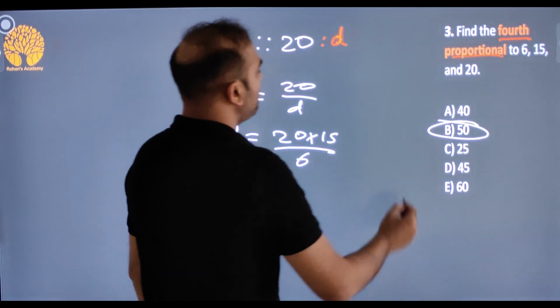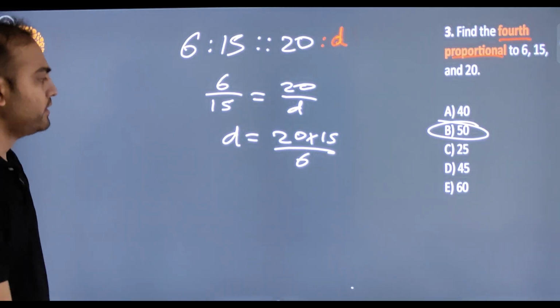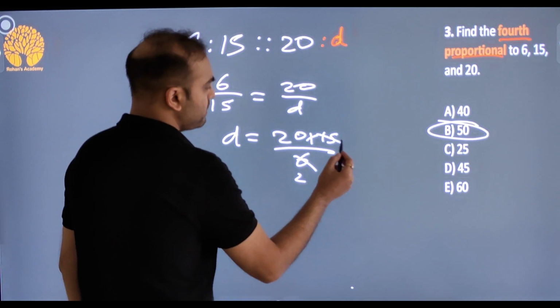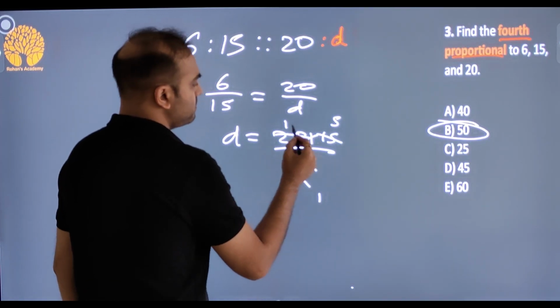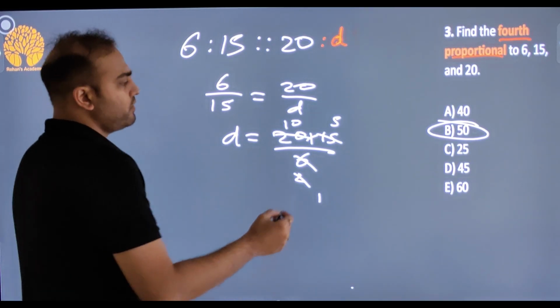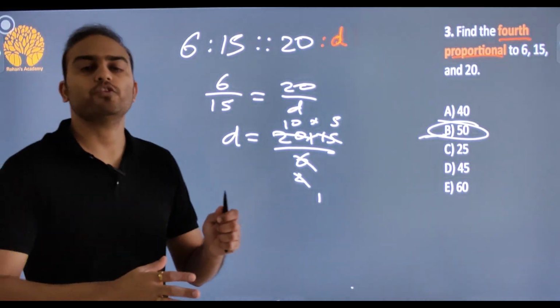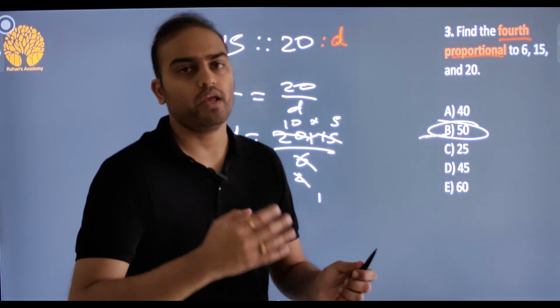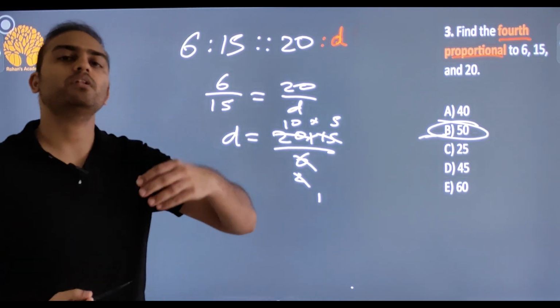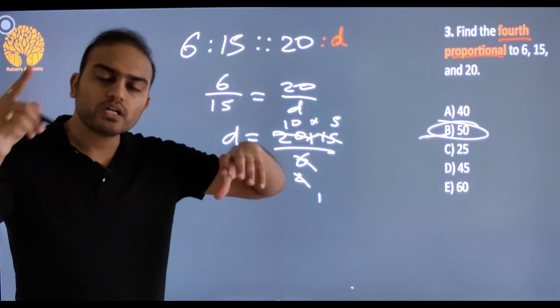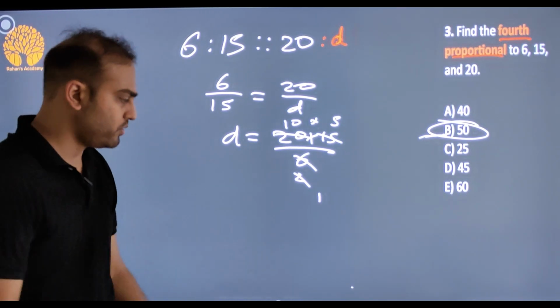Cancel by 3, 10 times 5, that's 50. So this is how we solve basic proportion. If there are four numbers, the fourth number is called fourth proportion because that is the one bringing all the others into a proportion.